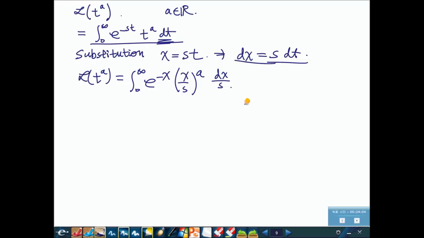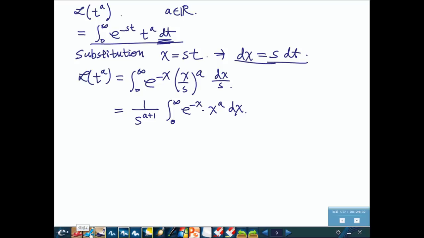Then, if you do that, it will be 1 over s to the a plus 1, because there's an s down there, right? And this is the integral from 0 to infinity of e to the minus x times x to the a dx.